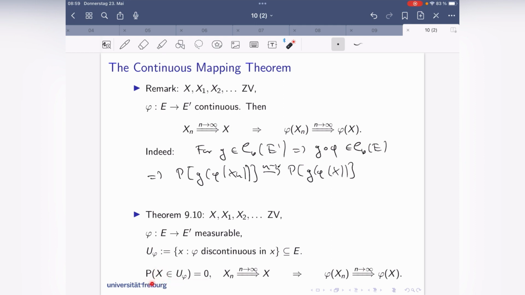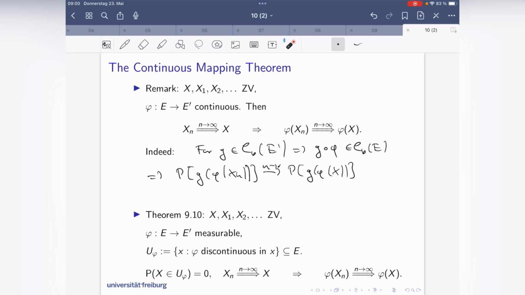So similar as in the portmanteau theorem, we have something with the boundary of the set of continuity points of phi. So it's this here, but it has measure 0. And then if xn converges weakly to x, then also the function phi of xn converges weakly to phi of x.